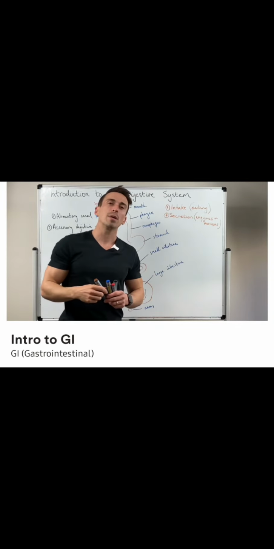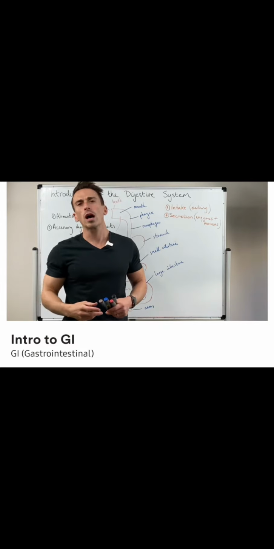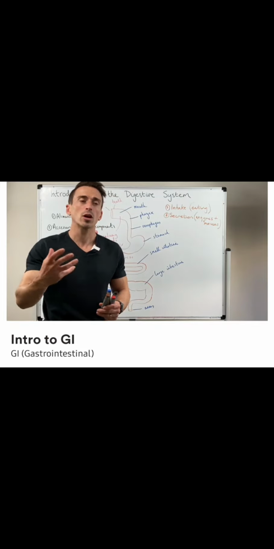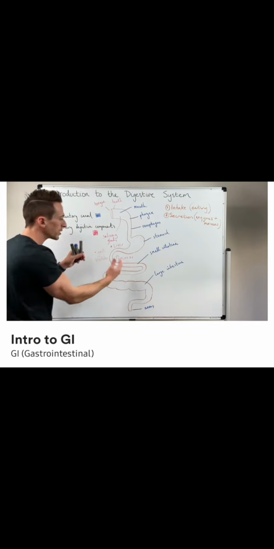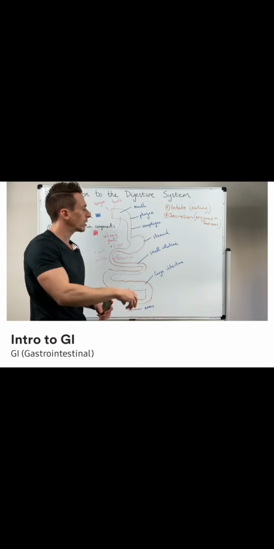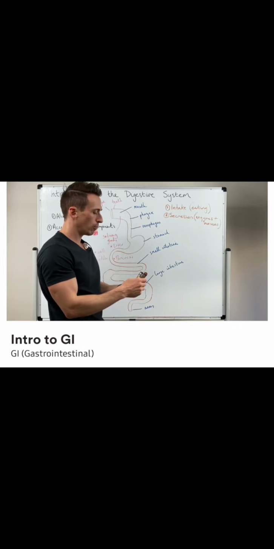Now these enzymes can be digestive enzymes, for example, things that break down proteins, fats, or carbohydrates. And the mucus is an extremely important structure because we're going to have substances moving through this alimentary canal. There's going to be friction in this environment, and we don't want to damage the cells of that tissue. So mucus is also very important.